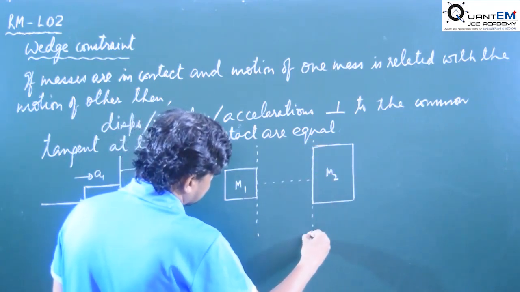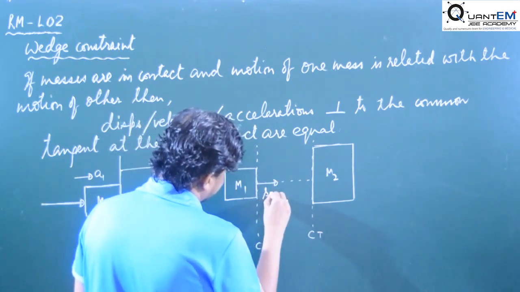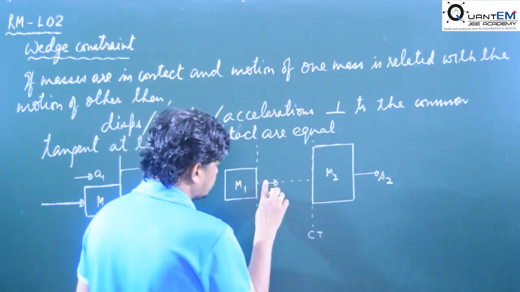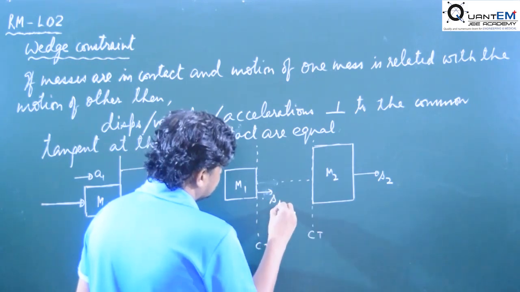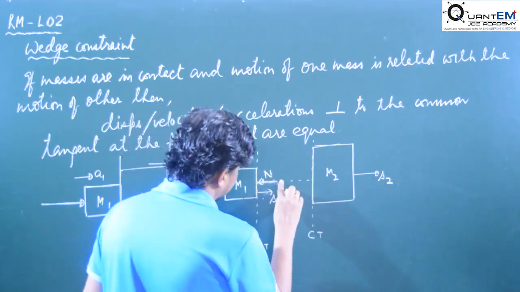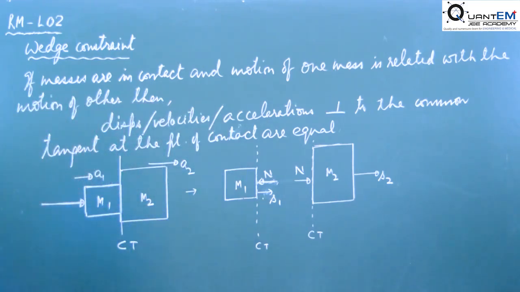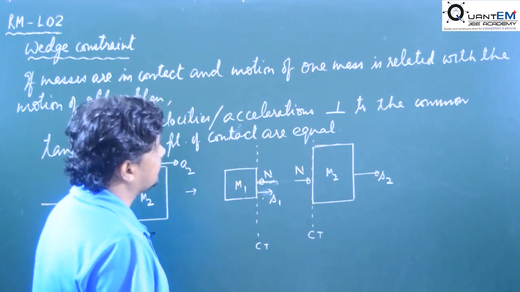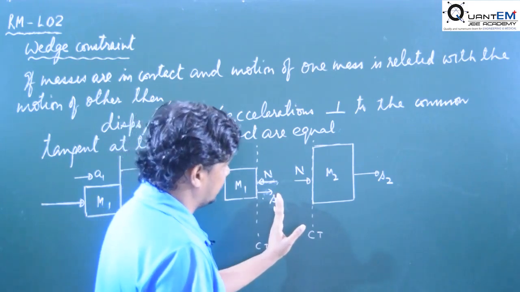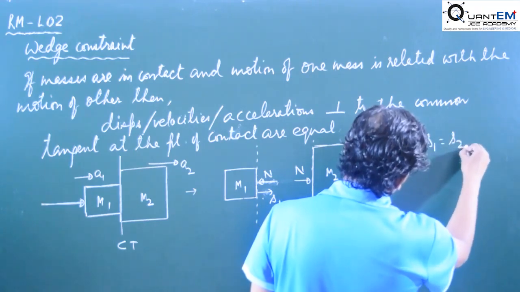Suppose this mass has displacement s1 and this mass has displacement s2. Normal reactions are directed towards the mass. Here normal reaction is N, action and reaction pair we have. Here also normal reaction is N. Okay, so perpendicular to the common tangent, displacements are equal. So for this common normal, mass m1 has displacement s1 and mass m2 has displacement s2. So according to the statement, we have s1 is equal to s2.